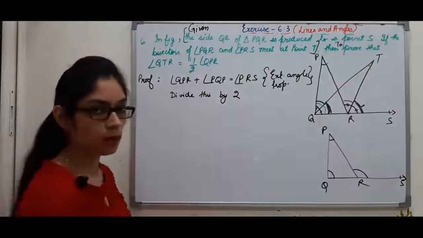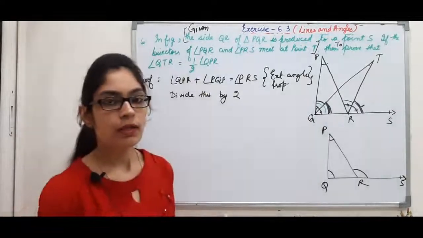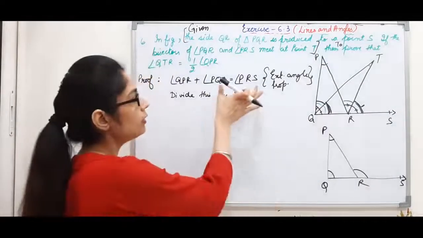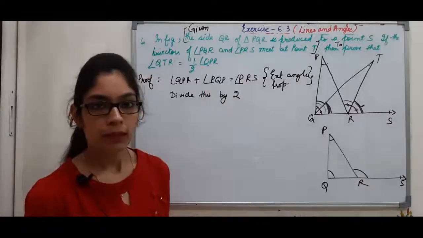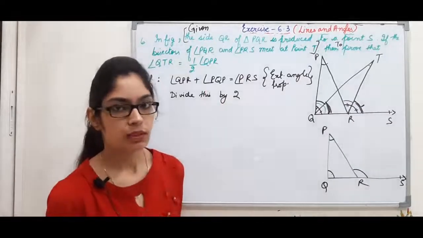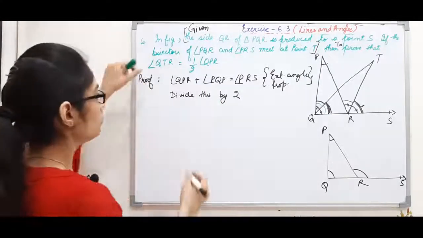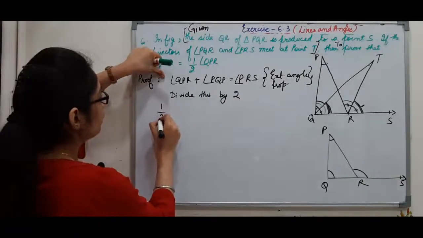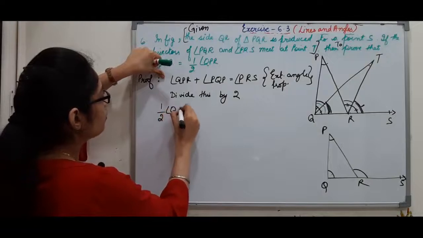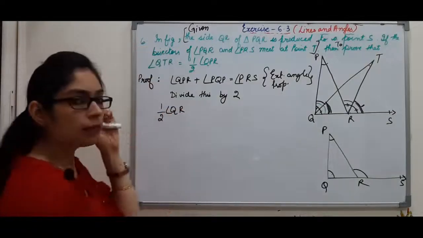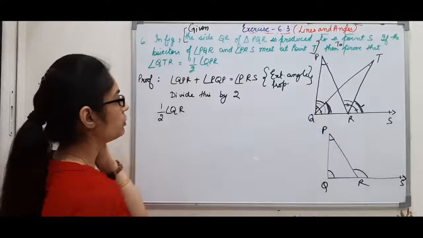Whenever you make any change within an equation, you have to make that change on both sides, so it won't create any difference. Dividing by 2 means multiplying by half.